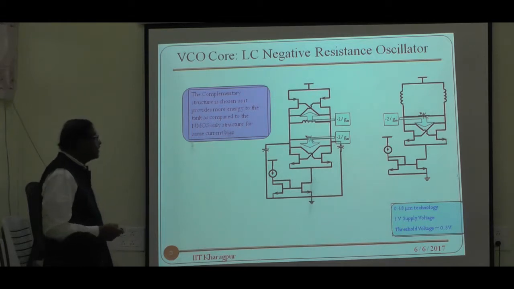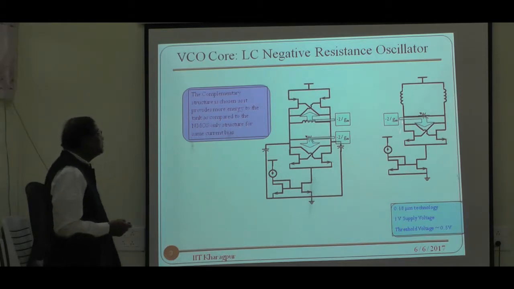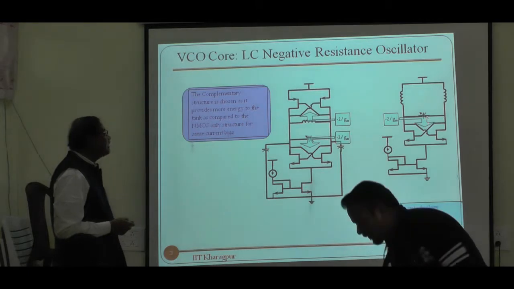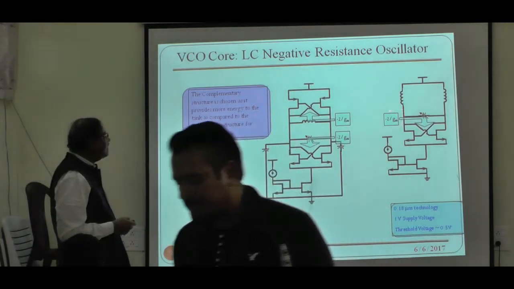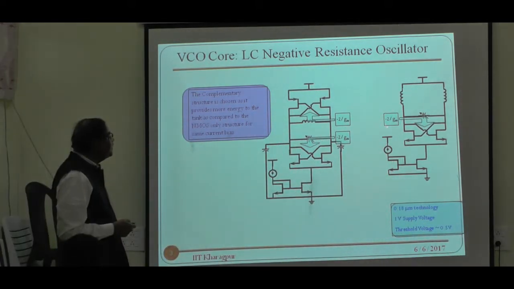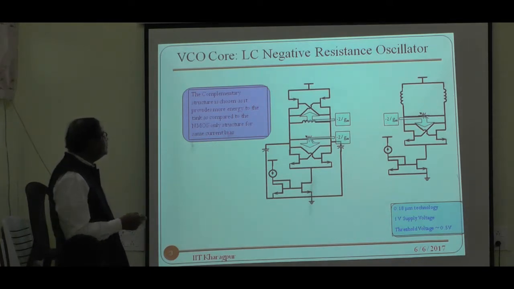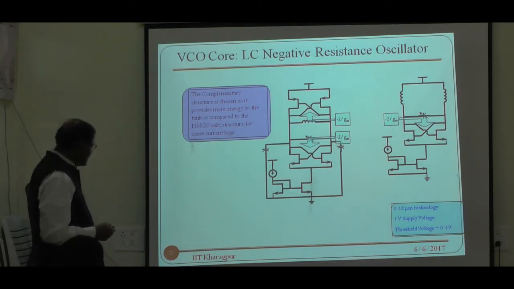Actually, this will also work. But if you look at the Barkhausen criteria, you need a certain value of GM such that GM times R is equal to 1. That is the startup condition of the oscillations.